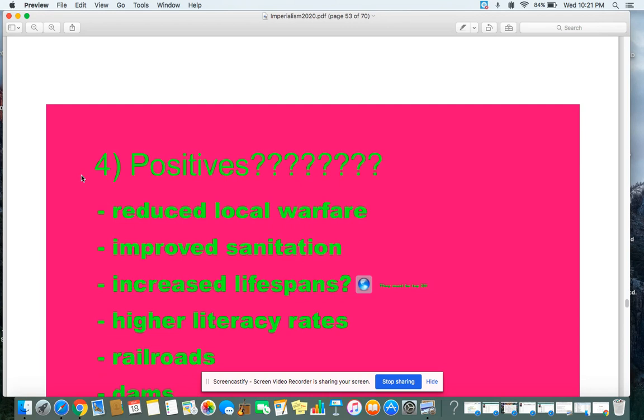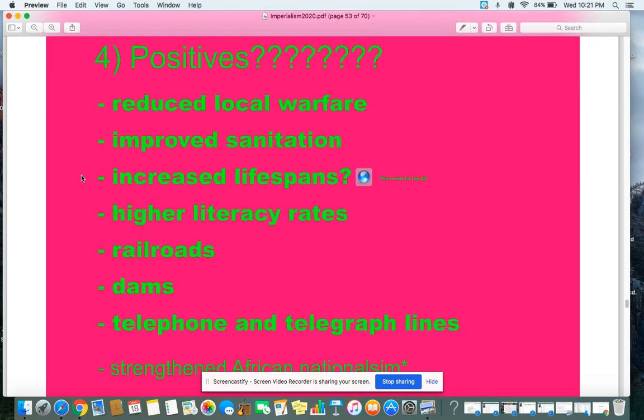Higher literacy rates, that's probably true in terms of some of the education, but they were also forced to not use their language at times. So think about that. Railroads, they definitely had railroads, but don't you think that Africa would have eventually gotten railroads on their own just through the powers of globalization and trade and things like that? Same with dams and telephones.